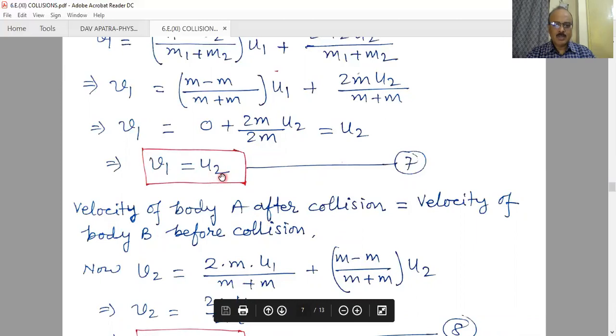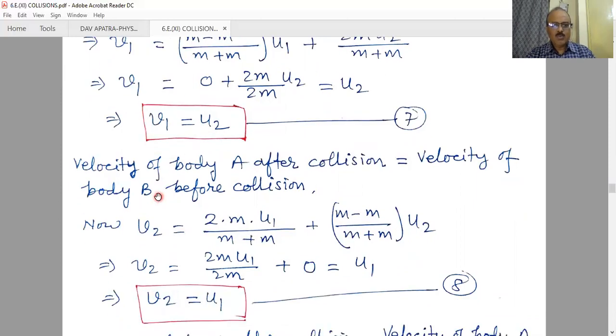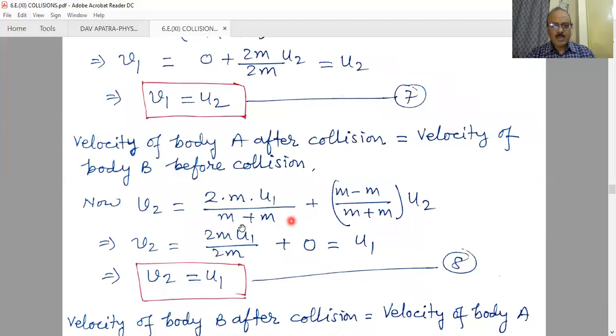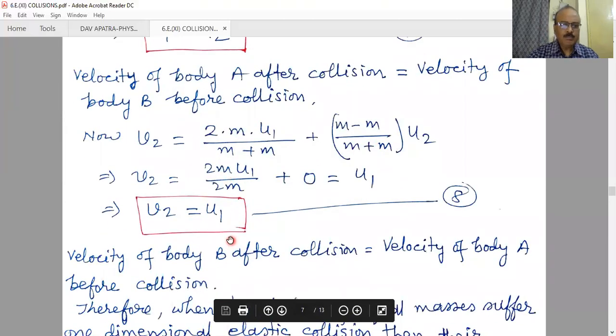That means the velocity of B before collision was u2, and after collision this velocity is gained by the first object. Now what will be v2? In the formula, 2m u1 divided by m plus m, and the other term has m minus m, which is again 0, and 2m divided by 2m u1 is u1. So v2 is u1.